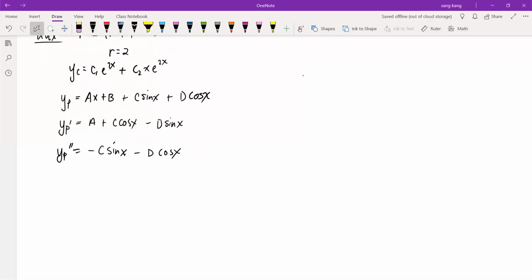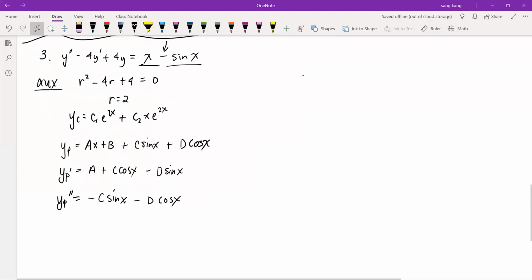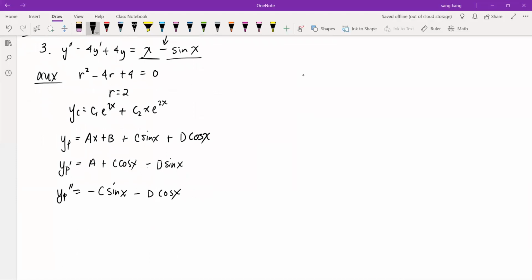Okay, so now we can plug everything in. Y double prime is negative c sine x minus d cos x, minus 4y prime is going to be minus 4a.